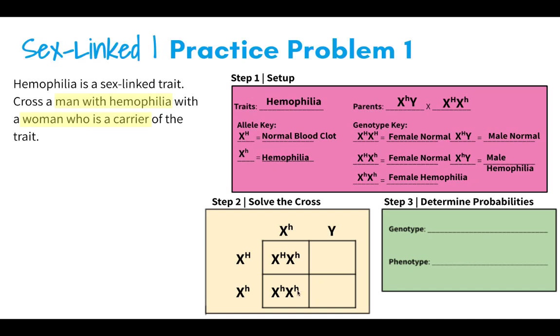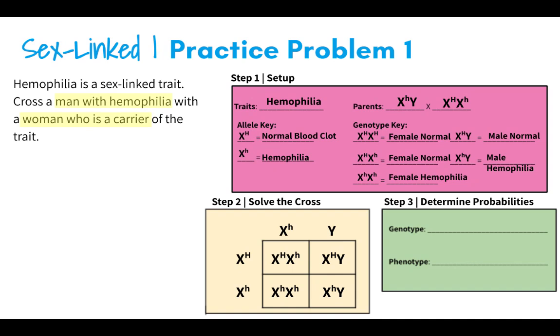This would be considered homozygous recessive. Then when we fill out the male boxes, the etiquette is the X chromosome always goes first. We still include the Y to represent that that would be a son, even though that Y doesn't carry anything. So we'd see our two combinations from dragging those chromosomes into their respective boxes.